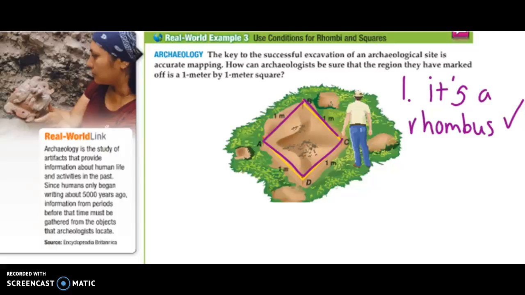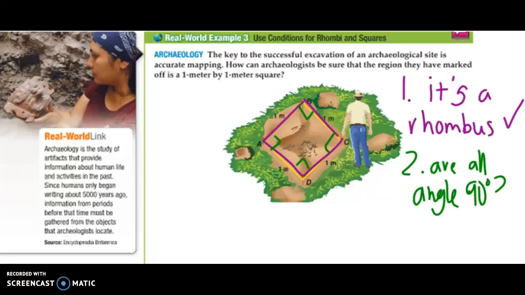Then what we'd want to do is make sure, if we want to see if it's a square, that all of my angles are 90 degrees, question mark.